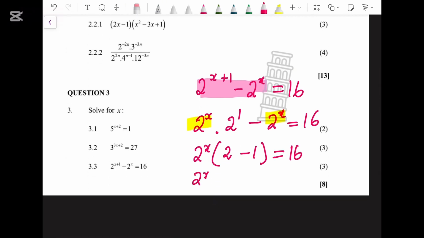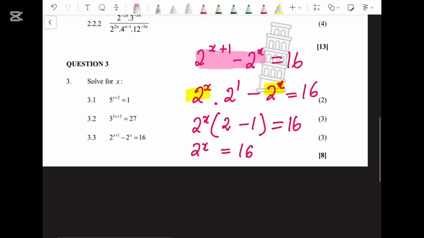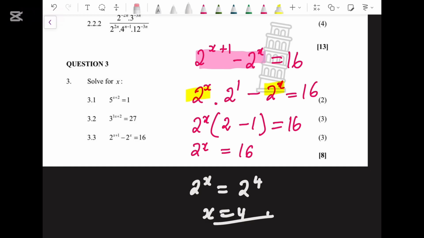So this is 2 to the exponent x, times 2 minus 1, which is the same as 1, is equal to 16. Now, 2 to the exponent x is equal to 16, which is the same as 2 to the exponent 4. Therefore, x is equal to 4.